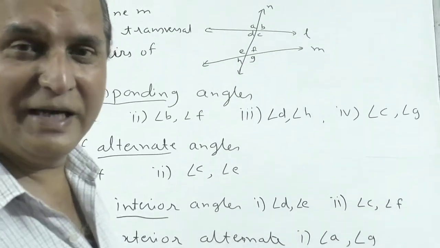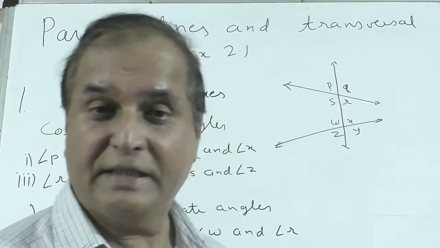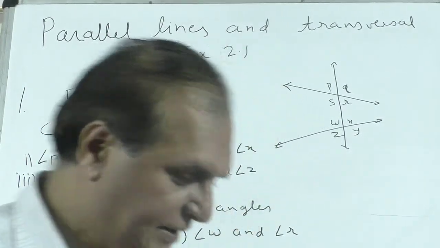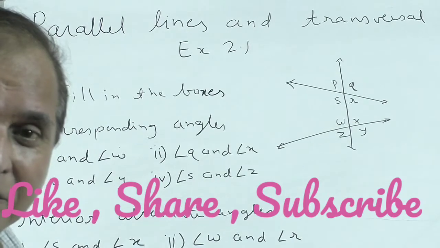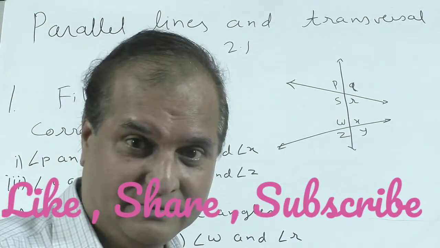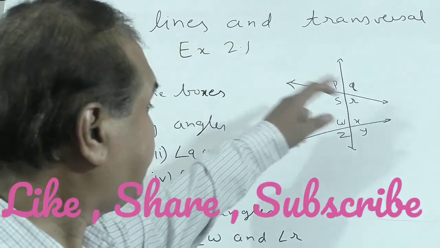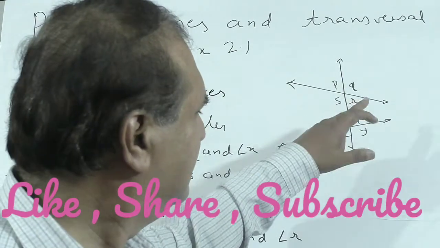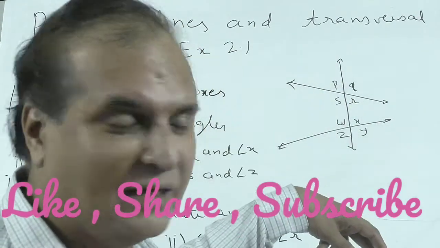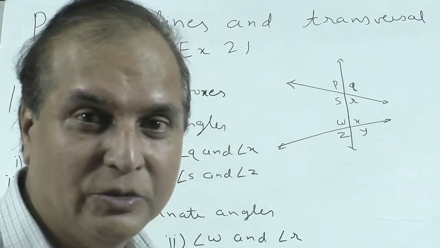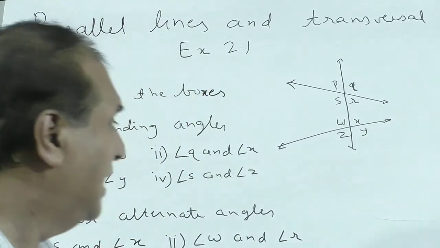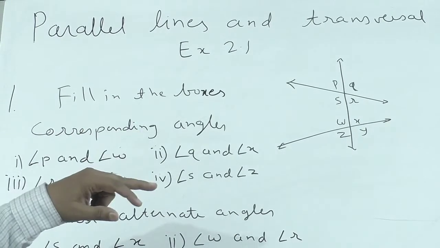Okay, we'll go ahead, starting with exercise 2.1. It is a very easy exercise, as I have explained, but now you have to answer. There are two lines and one transversal, with angles shown as P, Q, R, S, X, Y, Z, W. Now fill in the boxes.